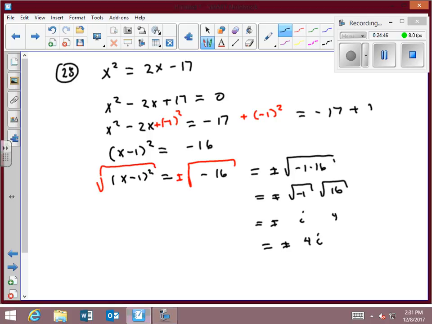Now, normally you don't say i4, you say 4i. So now this thing turns out to be x minus 1, right, when you take the square root principle, equals plus or minus 4i. Is that good?